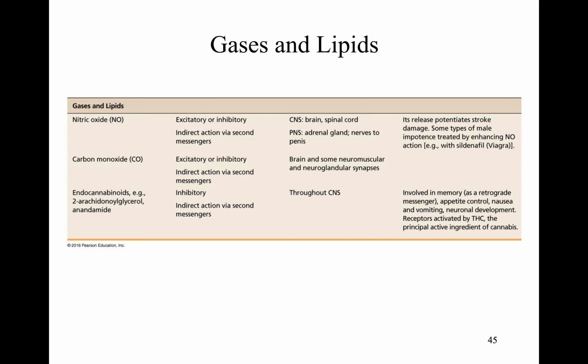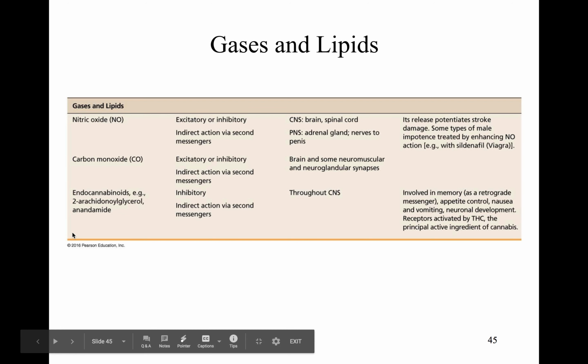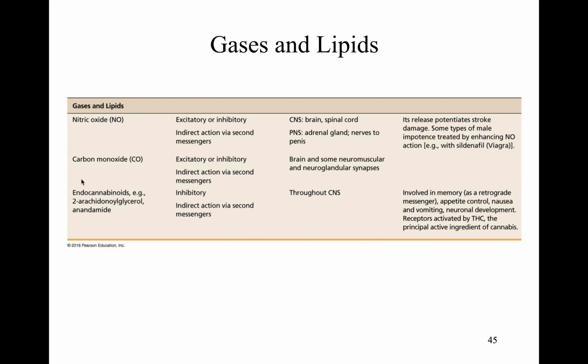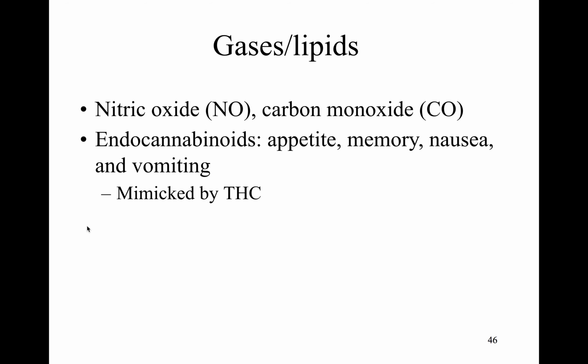Our last group of neurotransmitters are going to be gases and lipids. So I don't want to go into too much information on our gases and lipids, but two gases that could act as neurotransmitters are nitric oxide, or NO, and carbon monoxide. And then an important lipid that can act as a neurotransmitter is endocannabinoids.